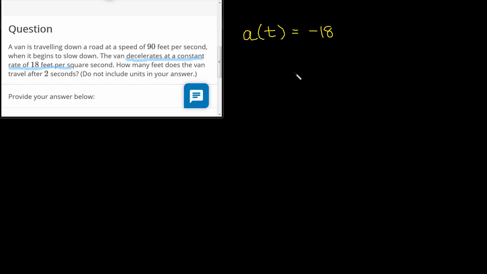Okay, so what are we supposed to do with that? Well, we know from physics or from previous calculus classes that there is a relationship between position, velocity, and acceleration. In particular, acceleration is the derivative of velocity.